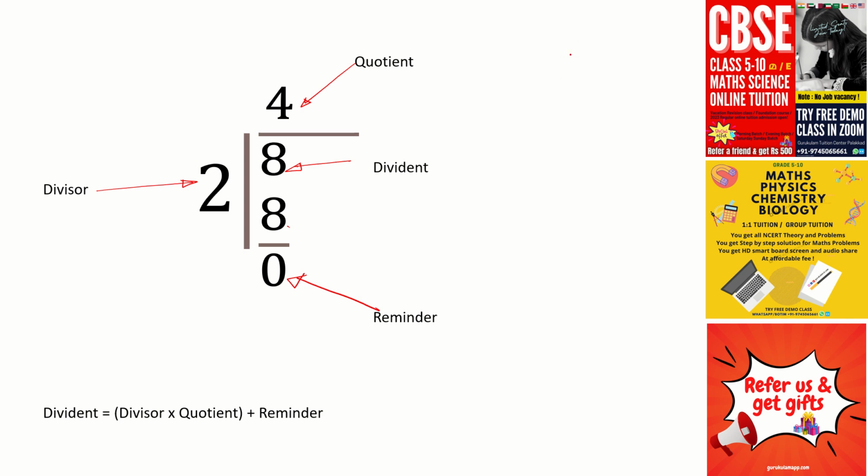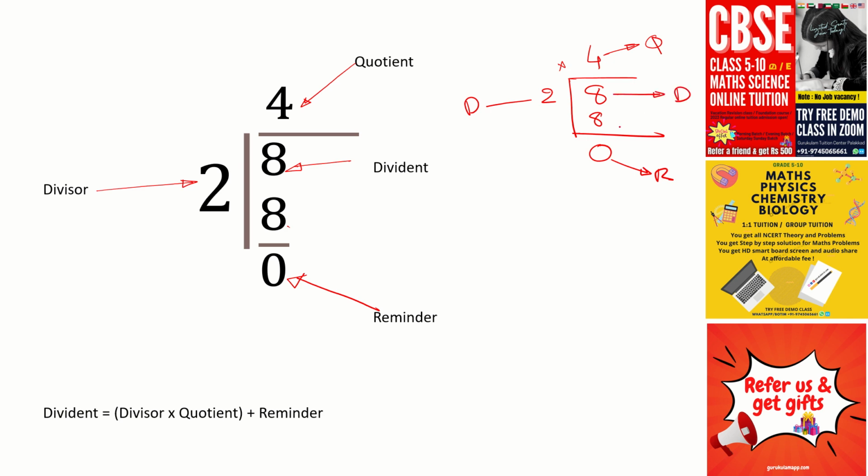In our question paper or notebook, we will do it like this. If this is 8 divided by 2, we know 4 twos are 8, and 8 minus 8 is 0. So this 0 is the remainder, this 4 is the quotient, this 2 is the divisor, and this 8 is the dividend.